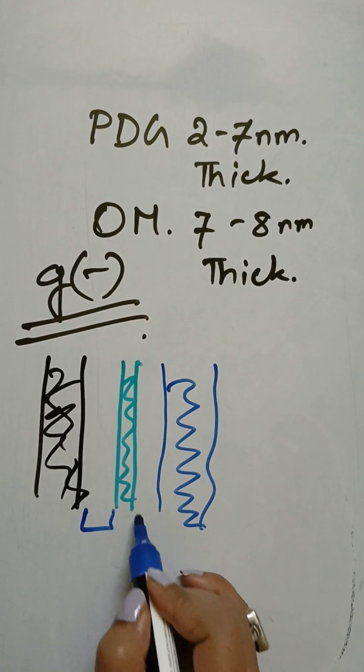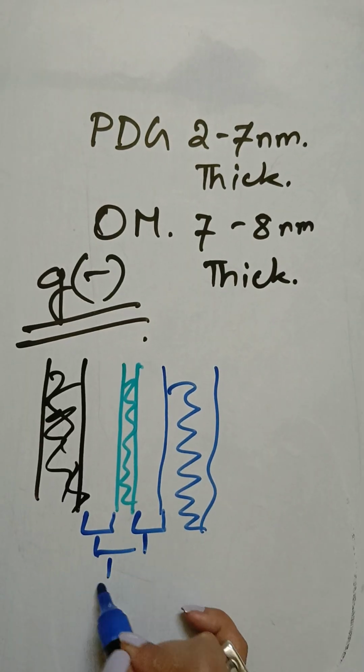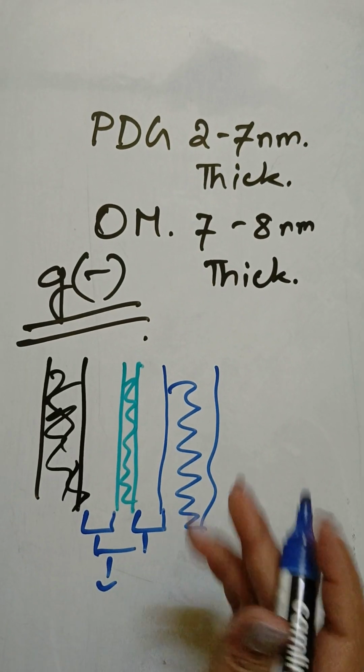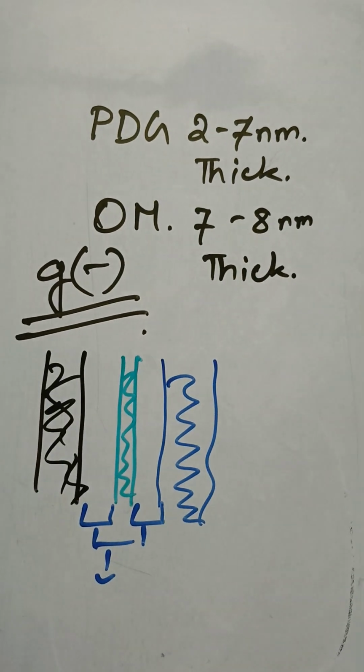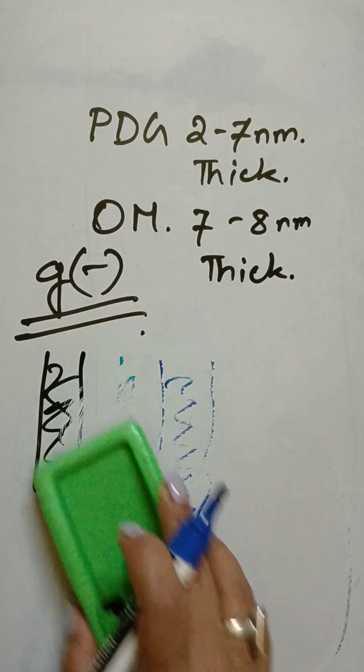And in between these, there is the periplasmic space, which is much more similar to the gram-positive bacteria, though structural variations can be seen between gram-positive and gram-negative bacteria. So this is the basic structural analysis of the cell wall in both gram-positive and gram-negative bacteria.